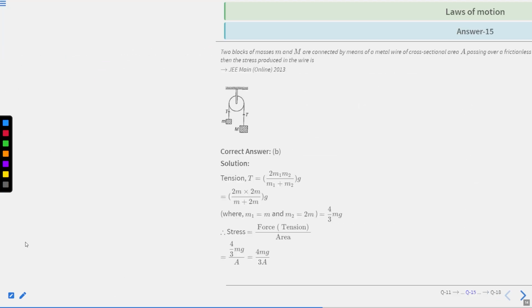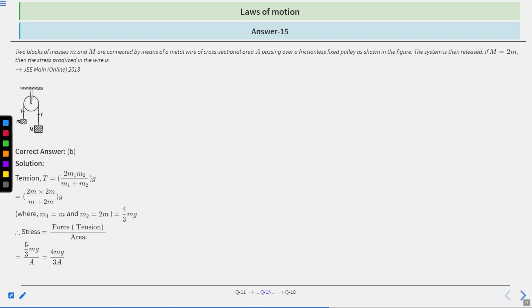Let's find a solution. According to the question, two blocks of masses m and capital M are connected by means of a metal rod of cross-section area A passing over a frictionless fixed pulley as shown in this figure, and given is capital M equals 2 times small m.